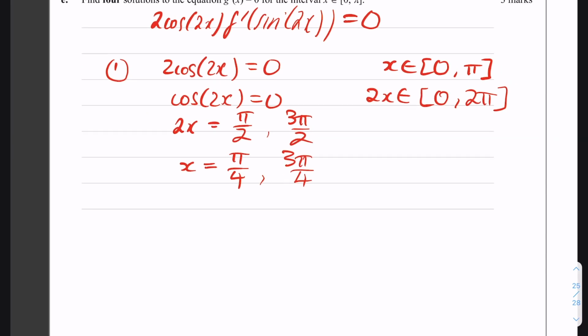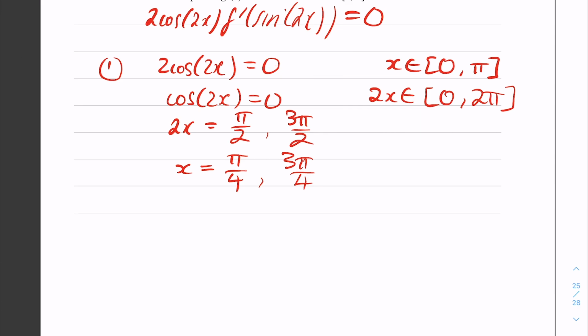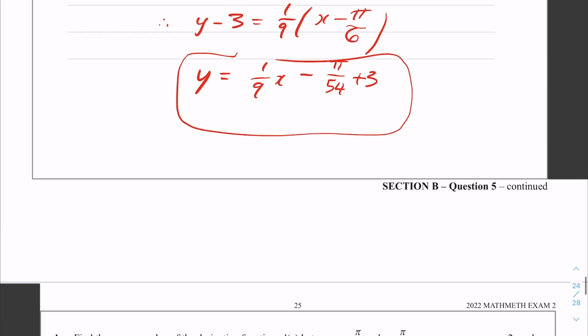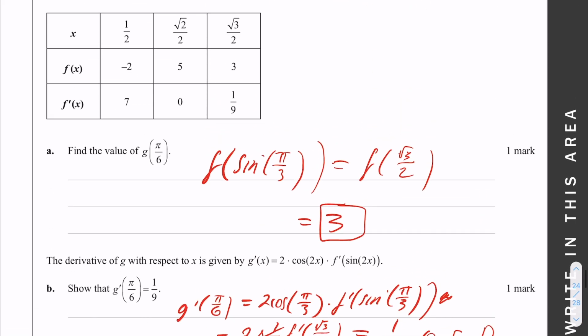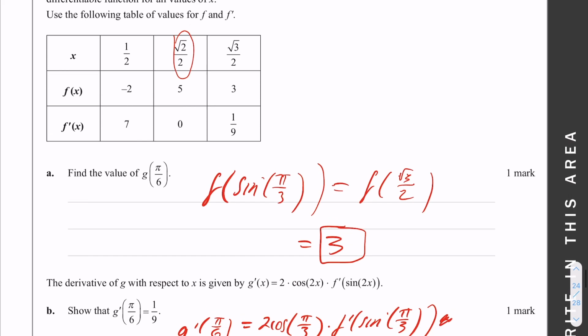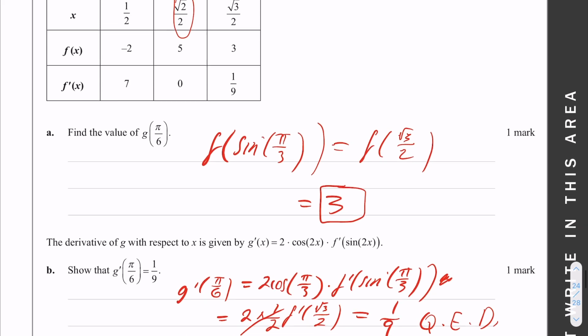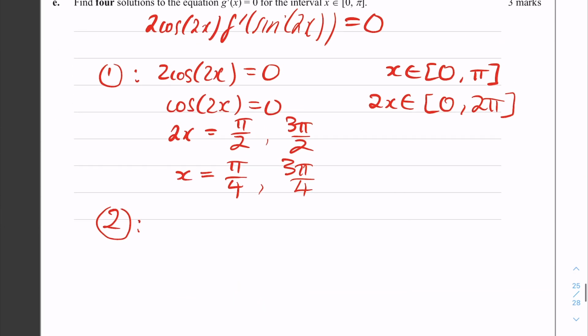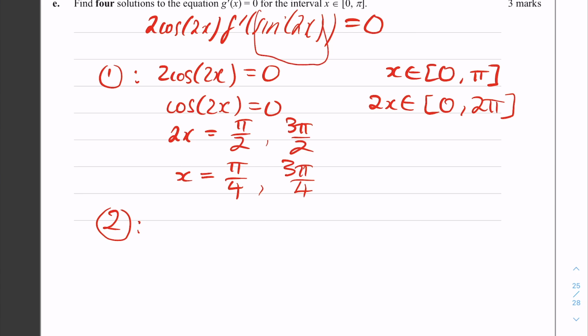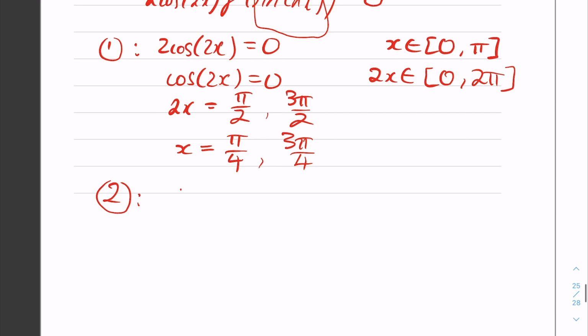Now the second case is if f dash equals 0. F dash equals 0 for root 2 over 2. So we want root 2 over 2 in here, because f dash of root 2 over 2 equals 0. So sine 2x equals root 2 over 2.